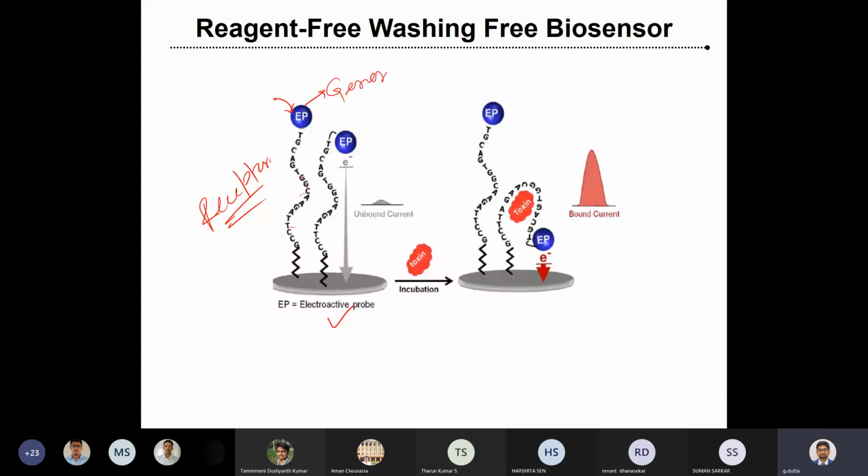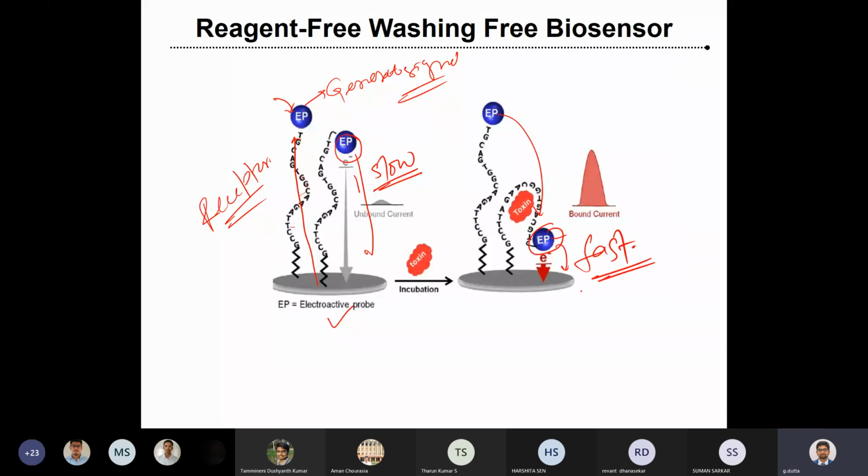If this probe is far from the surface, then the electron transfer from this EP to the surface will be slow. And if this EP is very close to the surface, then the electron transfer from this electroactive probe to the surface will be fast, because they are close. This is also proximity dependent.